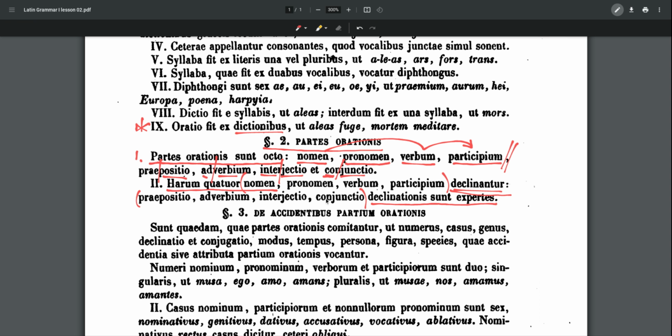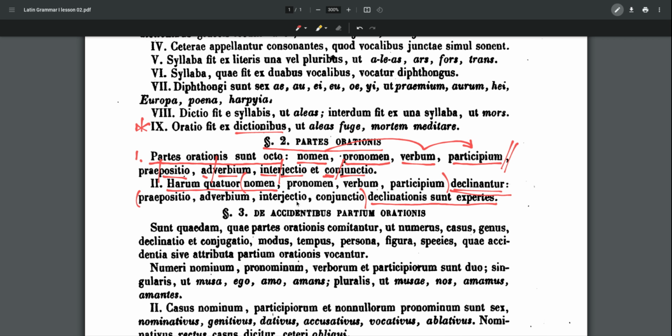So that's really all that there is to study here in lesson 2 on the parts of speech. Know that there are 8 parts of speech. Know the names and translation of the 8 parts of speech. And then know that of the 8 parts of speech, 4, the noun, pronoun, verb, and participle, are declined, and what it means to be declined.